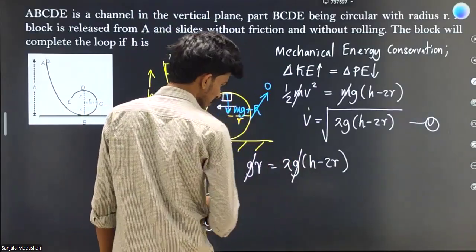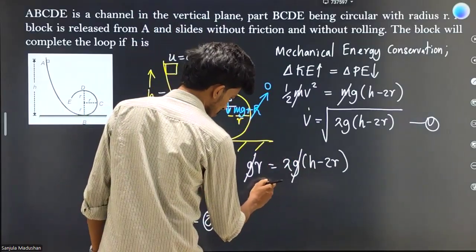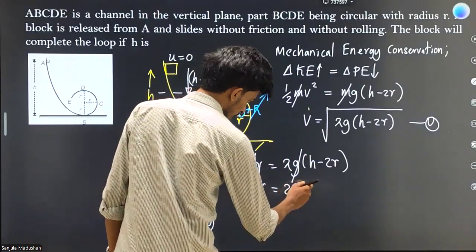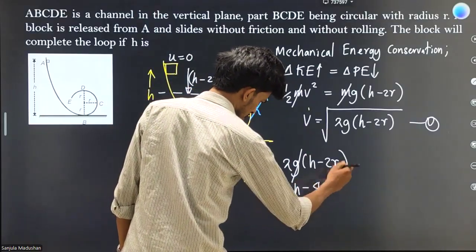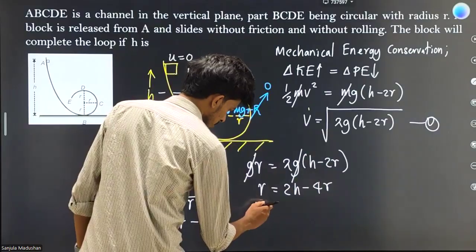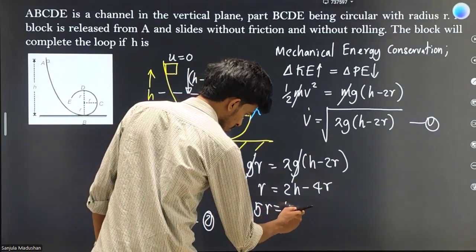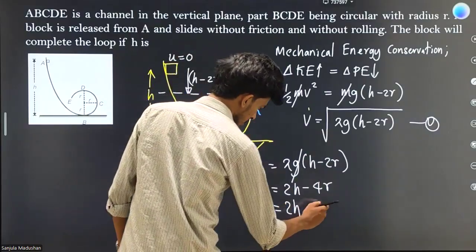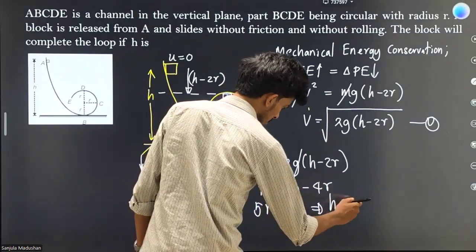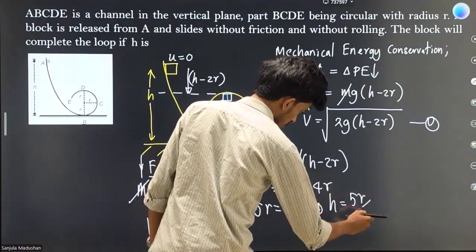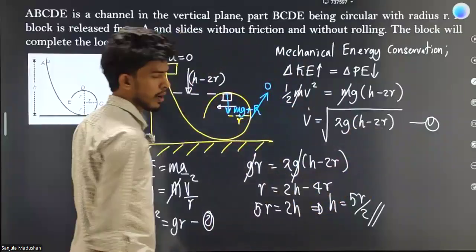If I quickly simplify this, I get r equals 2h minus 4r. So 5r is equal to 2h. So h is equal to 5r/2.